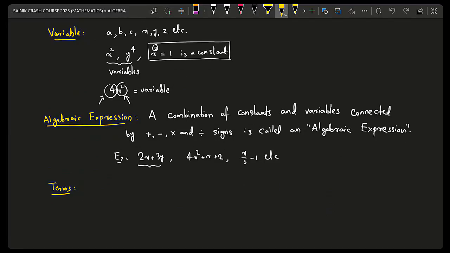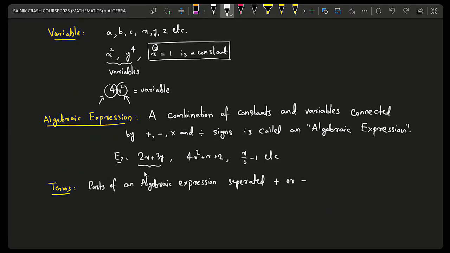Terms are parts of an algebraic expression separated by either plus or minus. So remember one thing, only plus and minus are going to separate the terms. Into and division are not going to separate the terms.